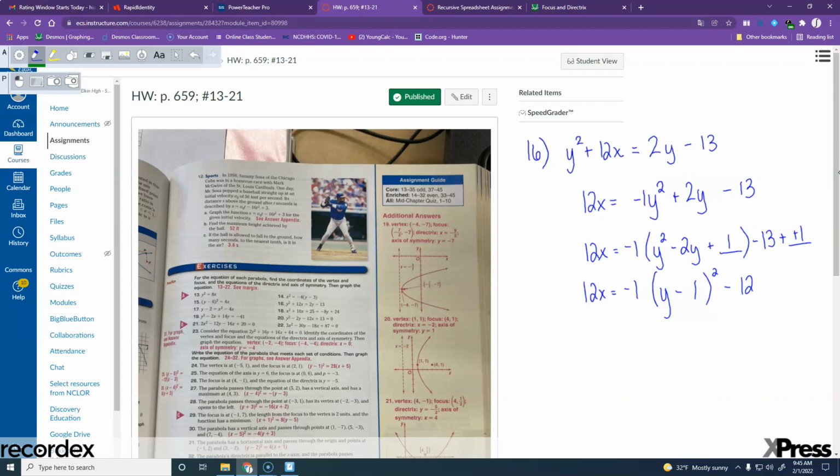And then we're going to divide by 12. And when I divide by 12, I need to divide each term by 12. This whole thing is a term because it's all multiplied together. And this last number over here is a term. So x will equal negative 1/12 times y minus 1 squared minus 1. So that would be in standard form for us.